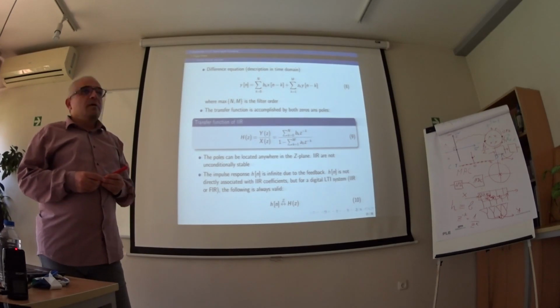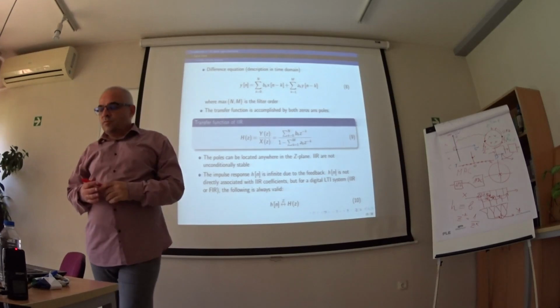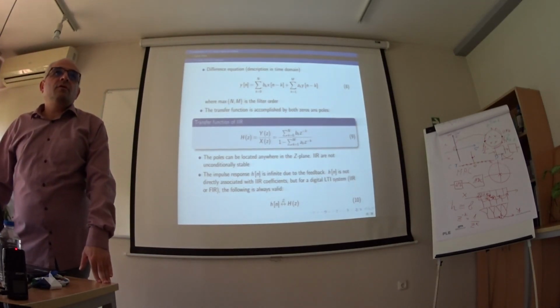Here we have zeros and poles. That's why we can achieve a desirable magnitude response with very few taps, because we now have both zeros and poles.